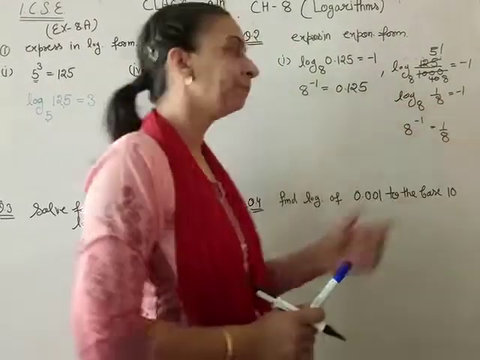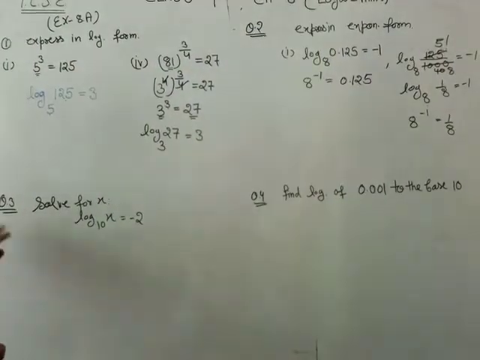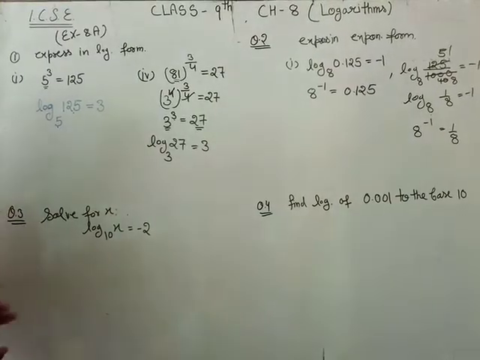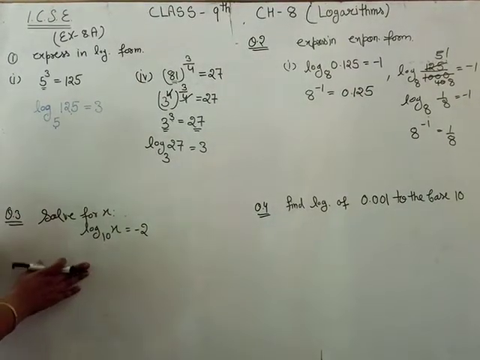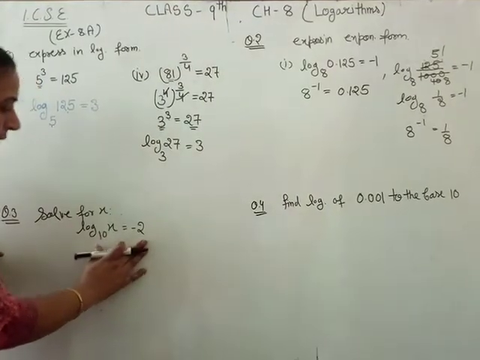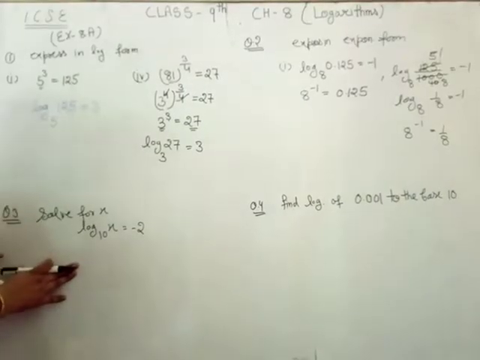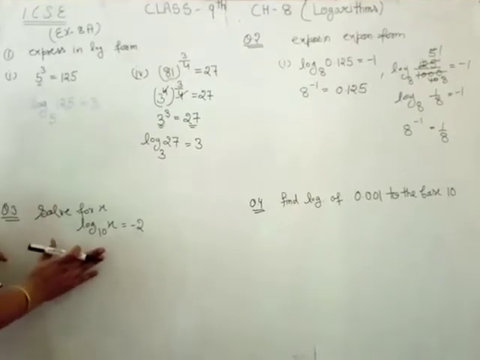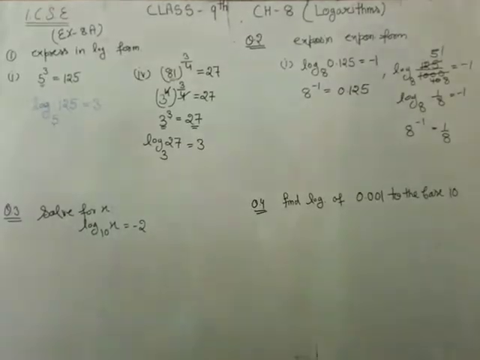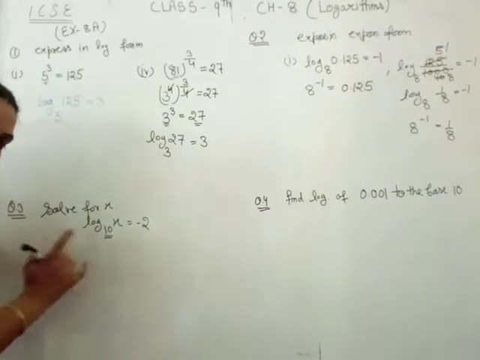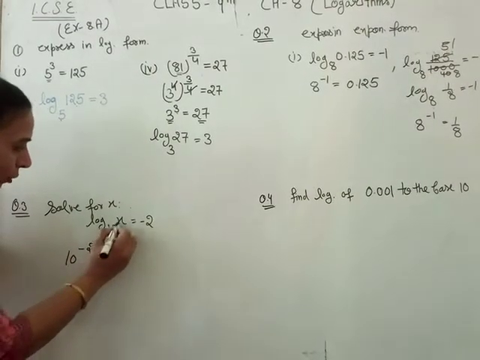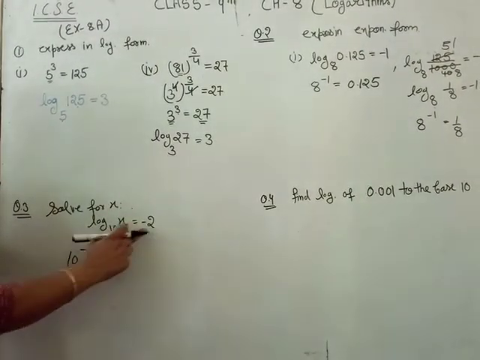Okay. Again, question number 3, solve for x. Solve for x, that means find the value of x. We have a question, log x at the base 10 equal to minus 2, then we find the value of x. First we solve this question in exponential form. Then base is 10. 10 raised to the power minus 2 equal to x.